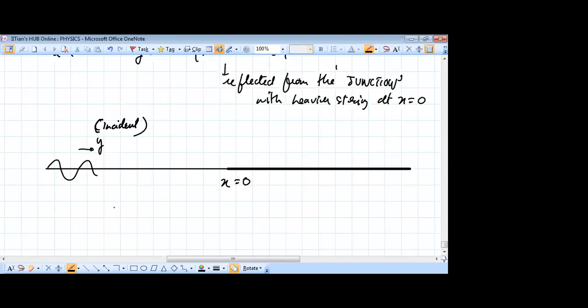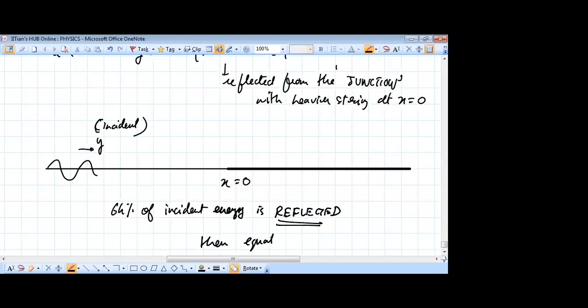So 64% of the incident energy is reflected. Then we have to find the equation of the reflected wave.